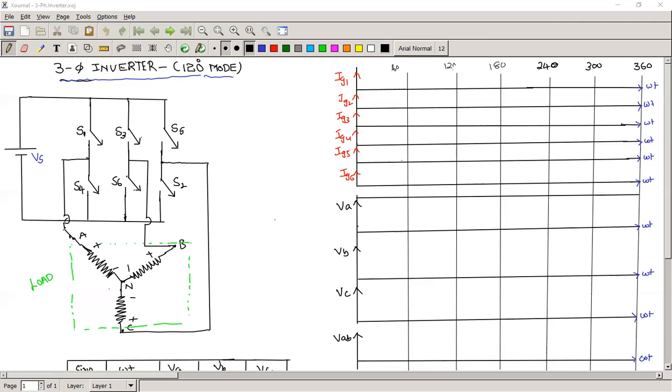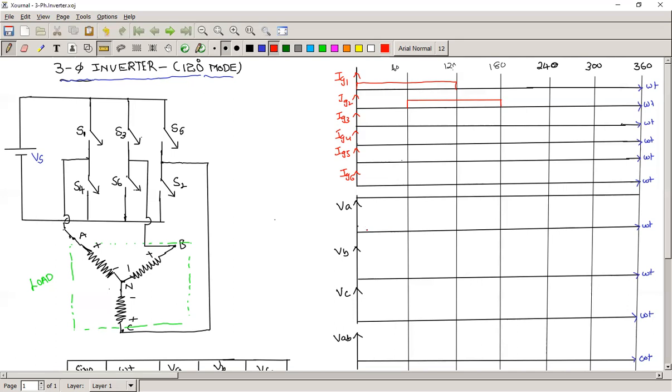So based upon this, if you apply the gate voltage, S1 conducts from omega t equal to 0 up to 120 degrees, and then it is 0. S2 has to conduct from 60 degrees up to 180 degrees, then it is 0.